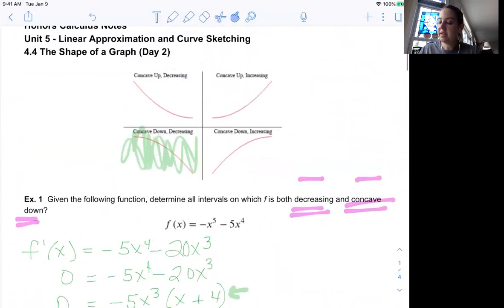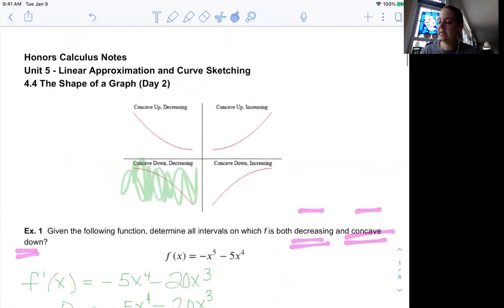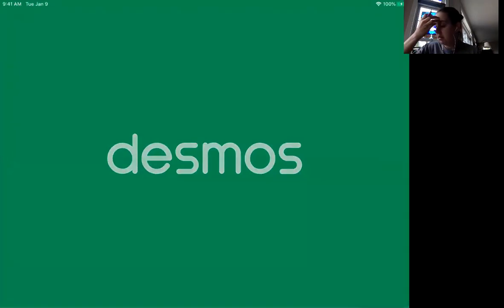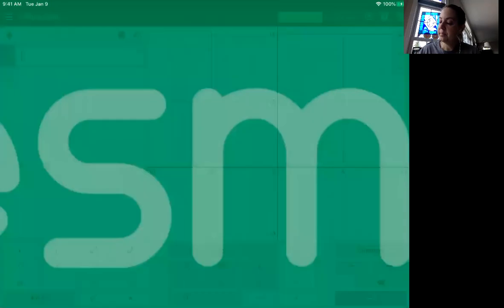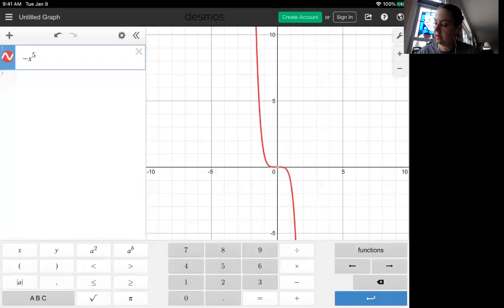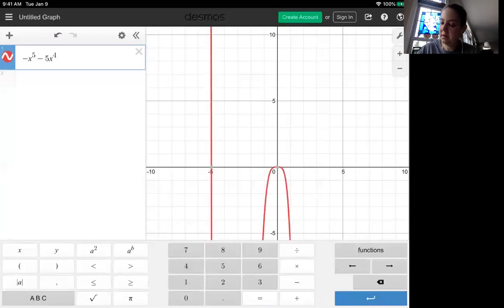So let's see if I can remember this here. Negative x to the 5th minus 5x to the 4th. Did I remember it okay? Yay. Y equals, that piece is already there. All right.